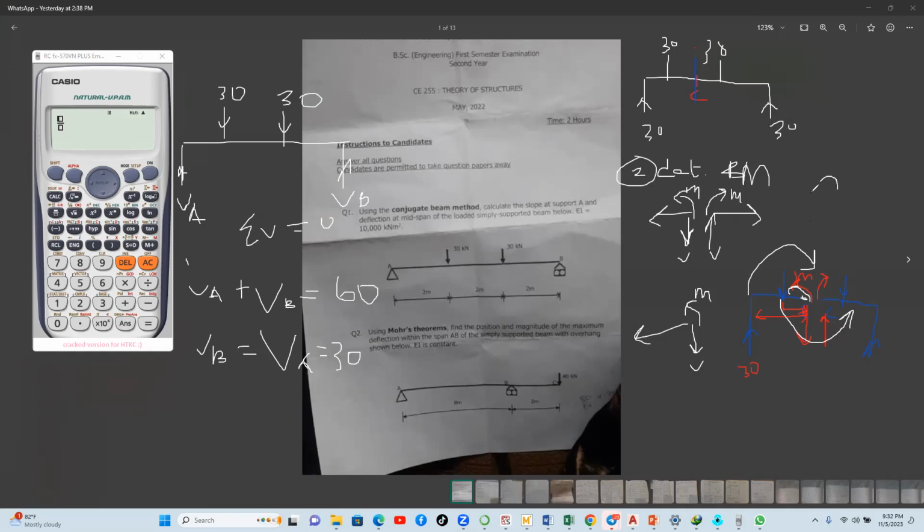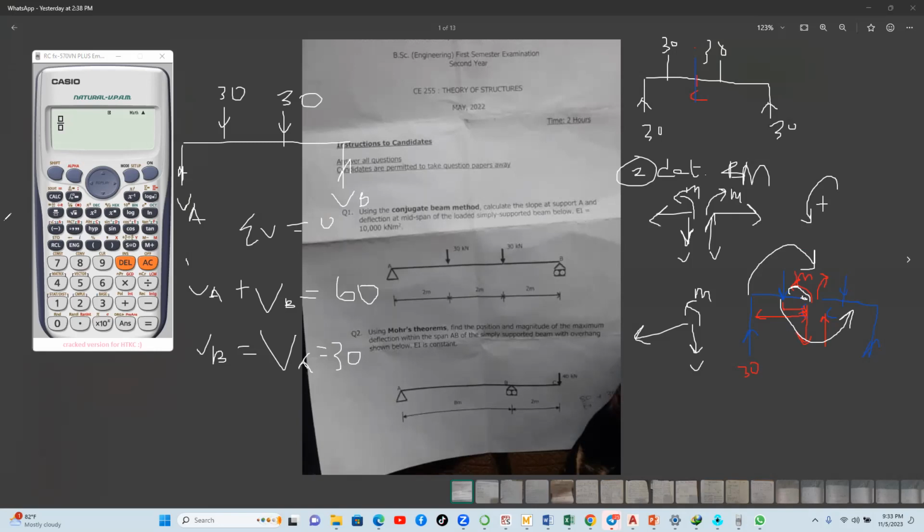Those going this side, you can choose them to be positive, or you can choose them to be negative, whichever way you like to take it. It depends on you. You get it? After that, you just do your normal length times force and you are there.